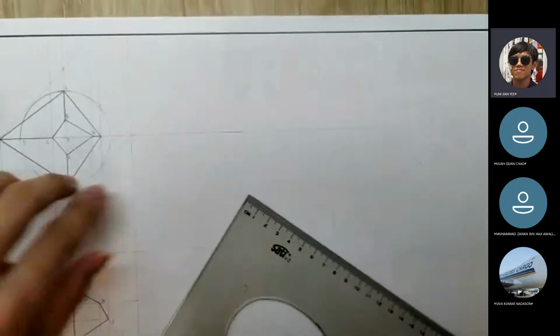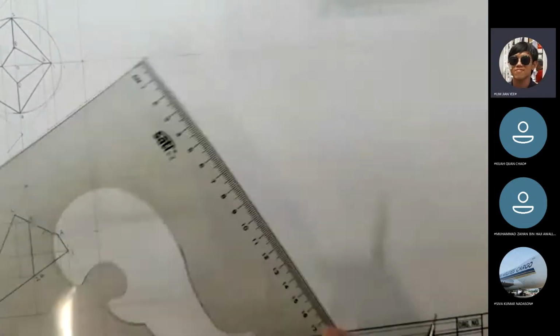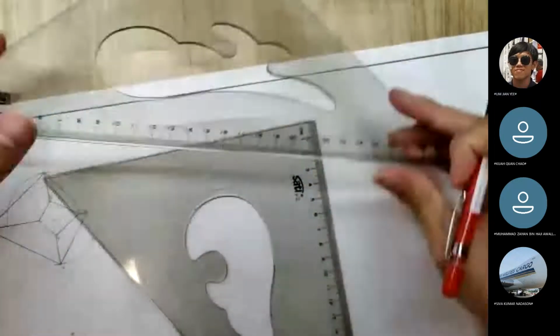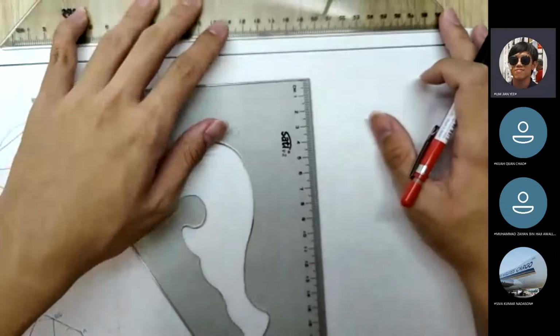Okay, so draw one line across. Then one line vertical.